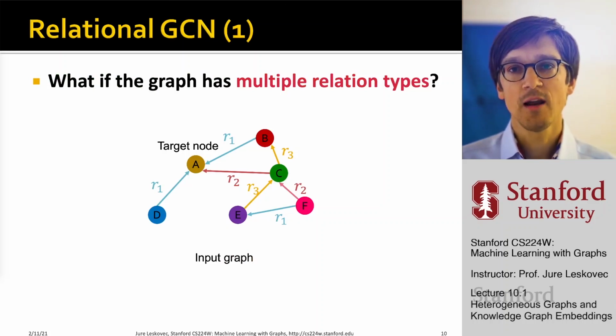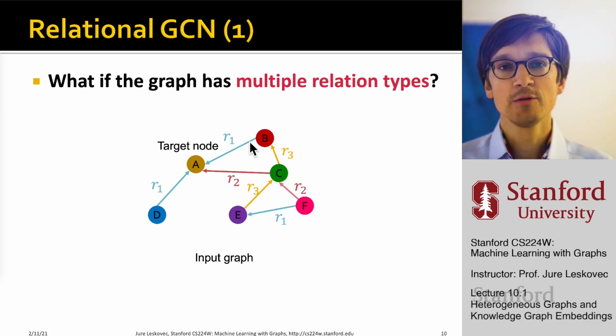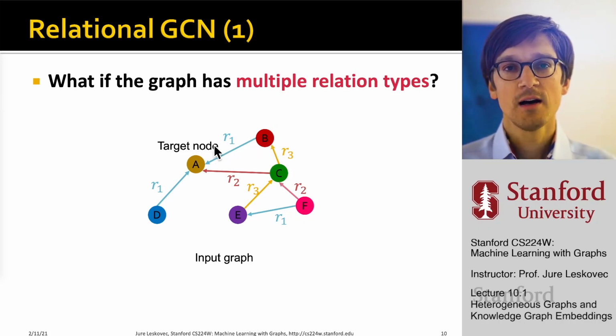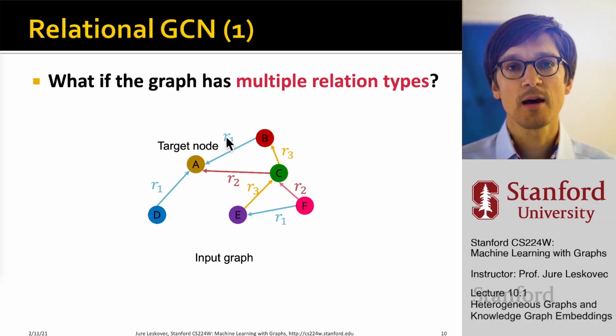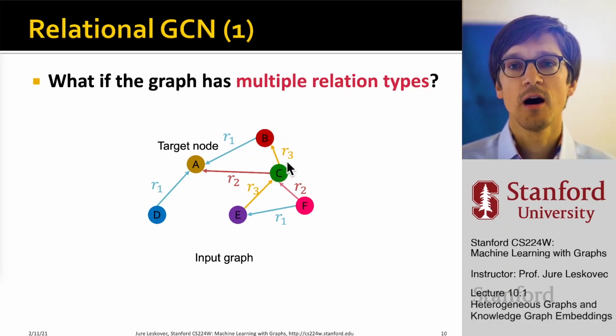What if I have a graph that has multiple types of relations? The way I will denote this is that I will use edges of different colors, and here I label them as R1, R2, R3, where basically A and B are connected according to the relation R1, while B and C are connected by relation R3.